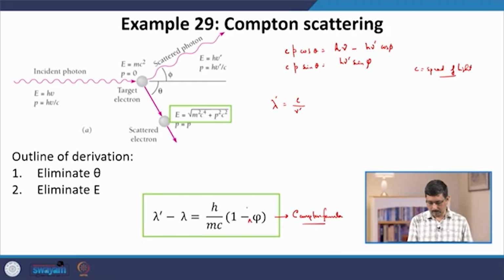There is a typo in this equation, this should be a cos phi. This experiment proves that photons carry momentum. I will let you work through this algebra and derive this very famous formula.